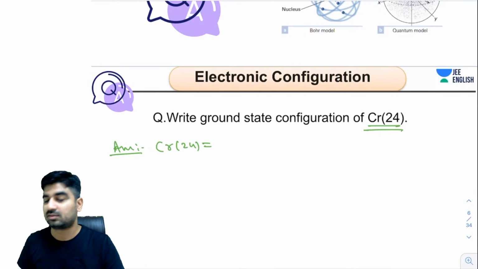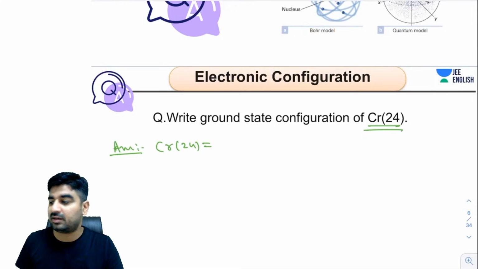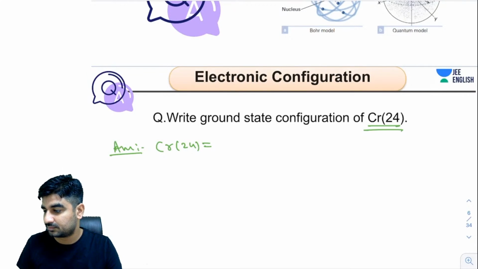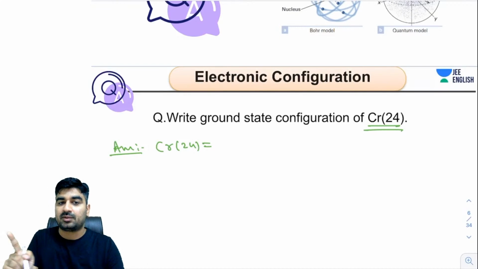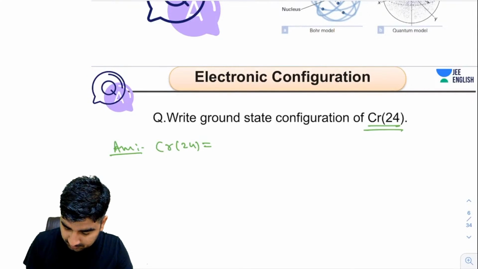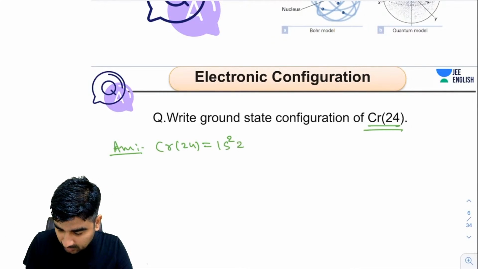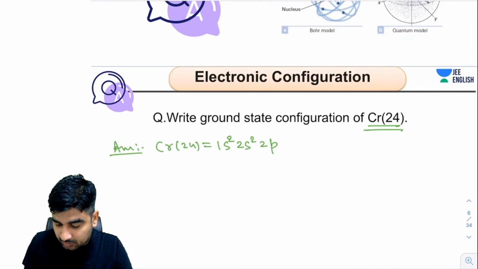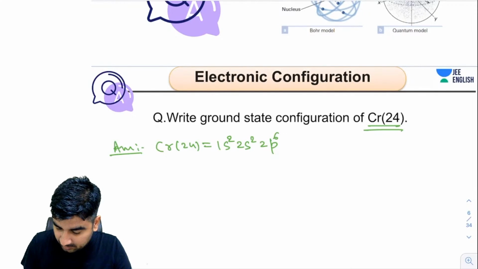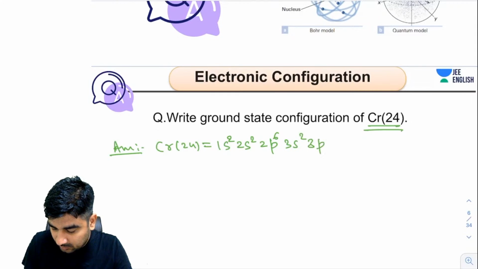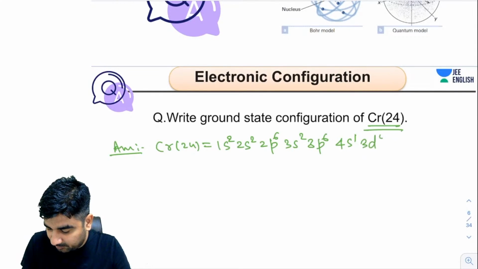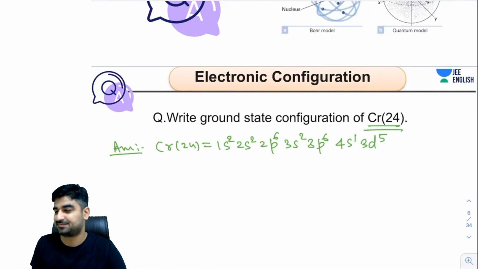Everyone, take your copy and pen and write it down. 1s2, 2s2, 2p6, 3s2, 3p6, 4s1, 3d5. This is complete.